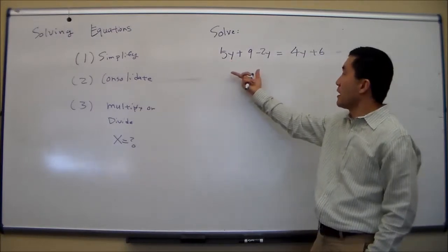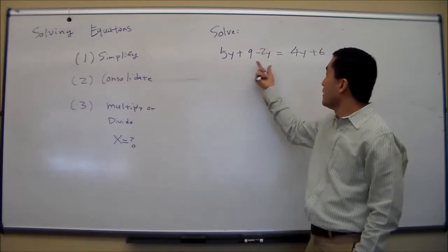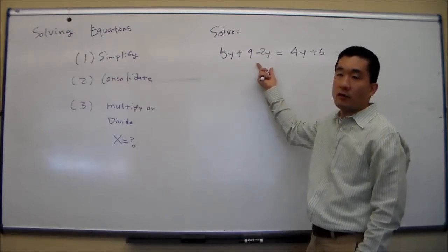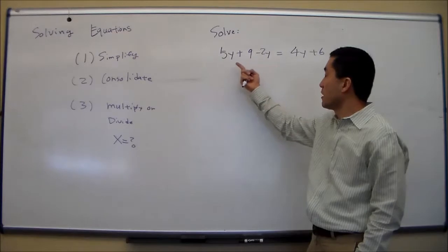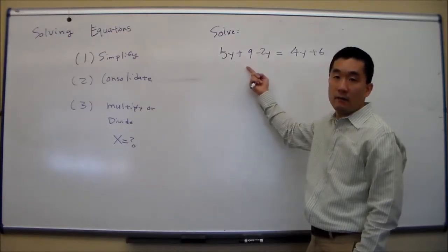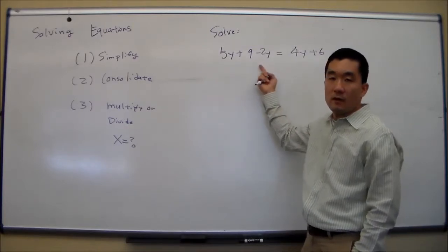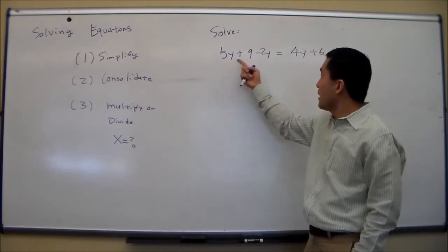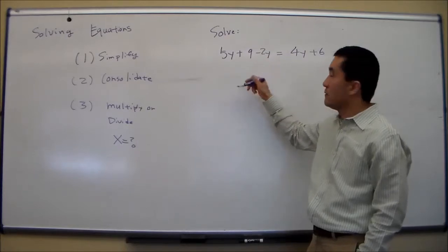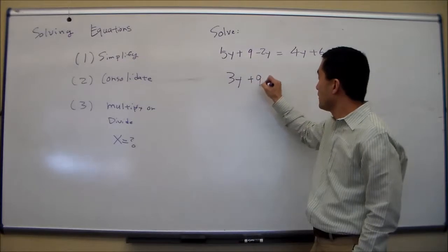So if you look at the left side, the like terms are 5y, negative 2y. Those are like terms because they share the same variable. And not the 9. 9 is not the like term because that's a number, these are variables. So I'm going to combine the 5y minus 2y, which makes it 3y, plus 9.